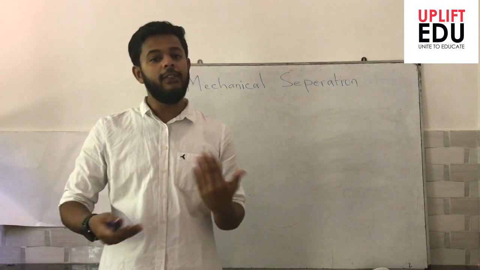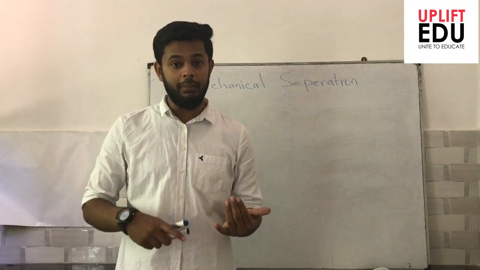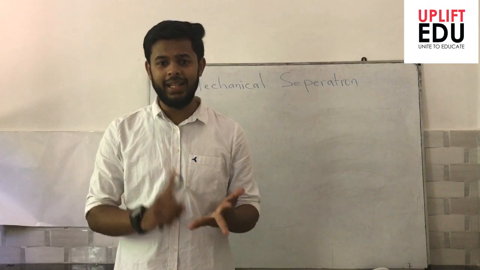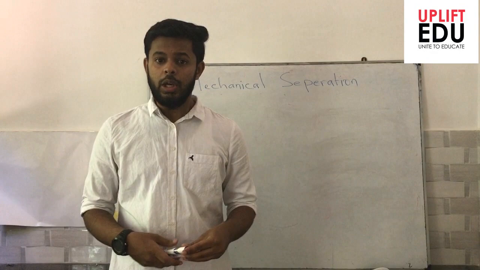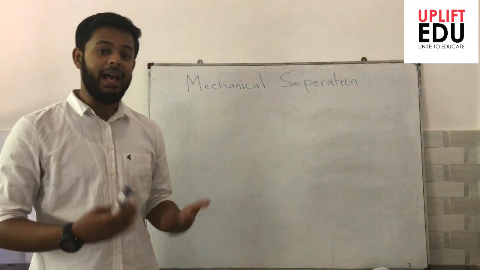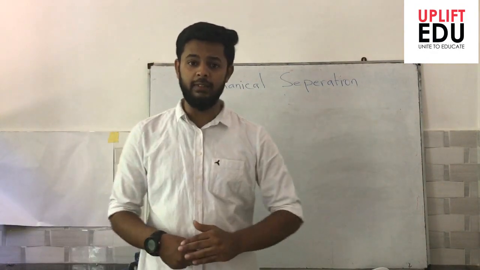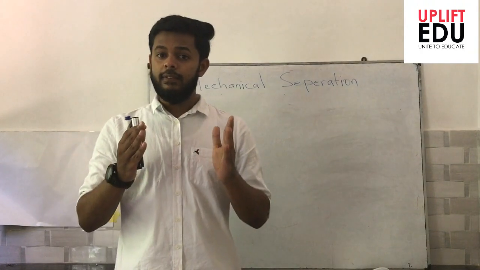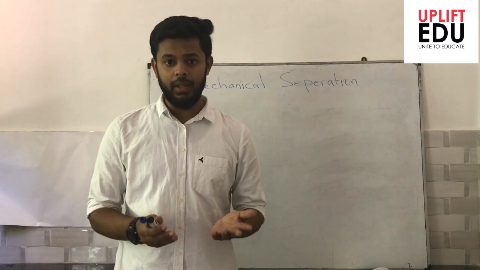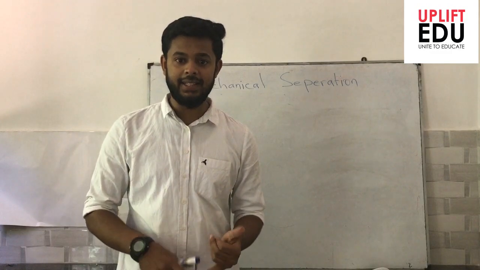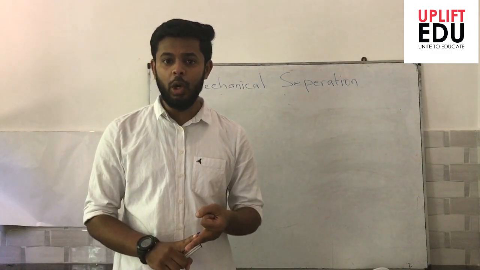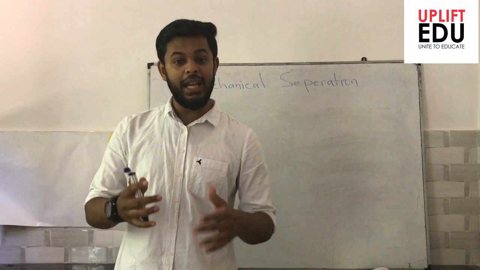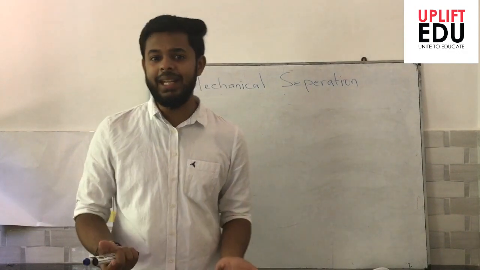So there are different physical features available. Some are size, some are density, some are the shape of the particles. As a definition, mechanical separation is a separation technique based on physical features such as shape, size, density, or even electric or magnetic nature.